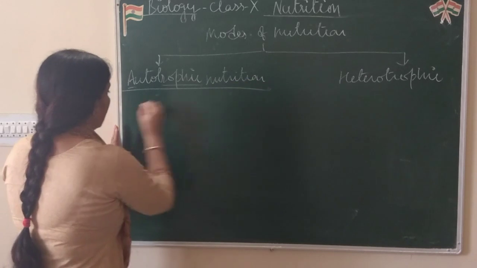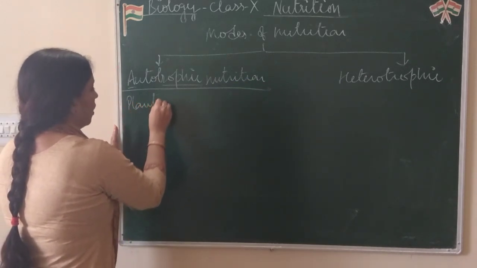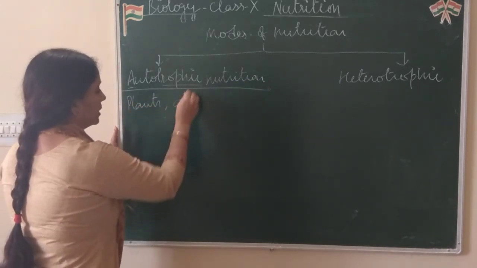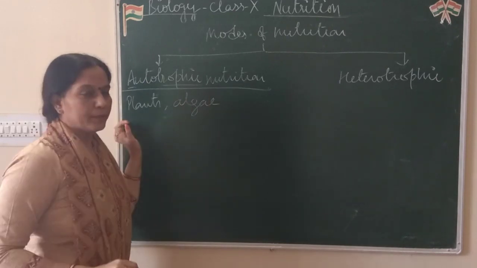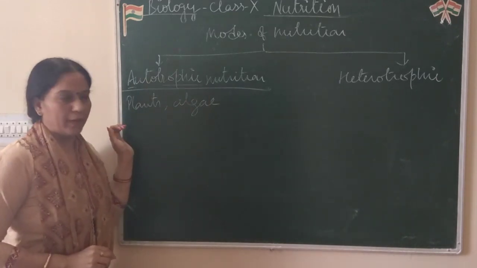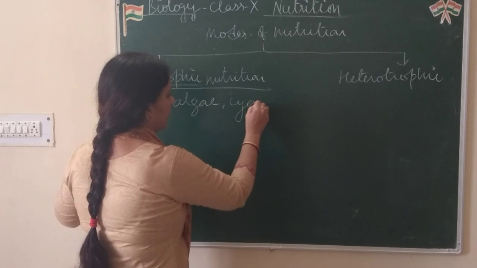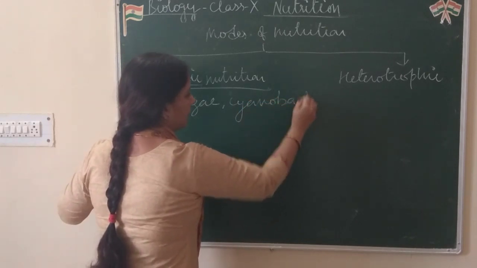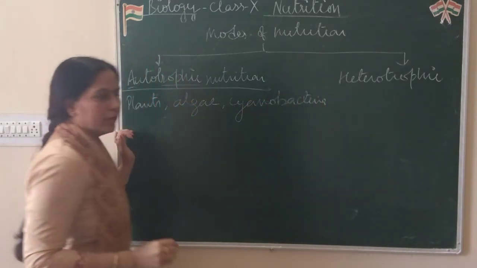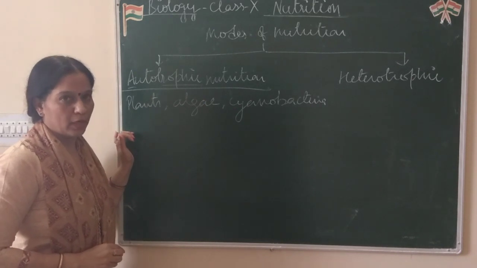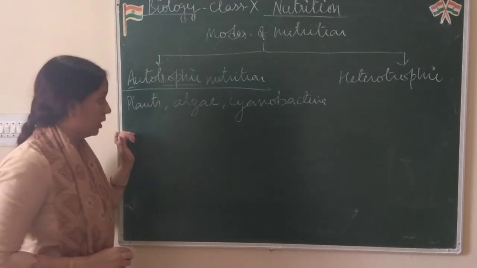Plants fall under this category, plants, algae, all three types, red, brown and green, and cyanobacteria. Cyanobacteria are blue-green algae. They are also capable of preparing their own food.